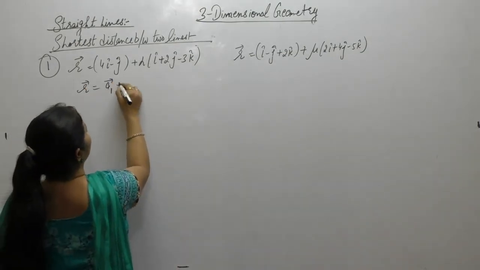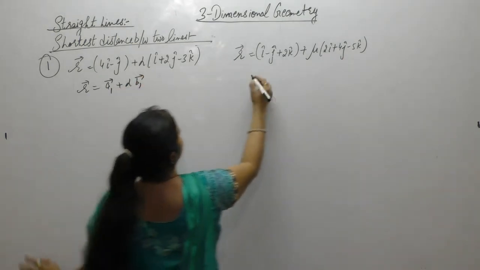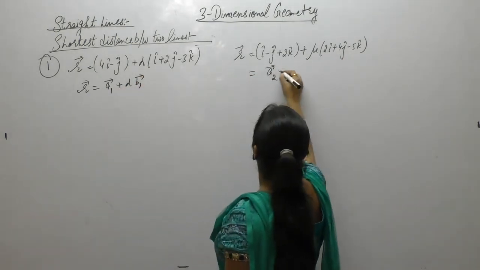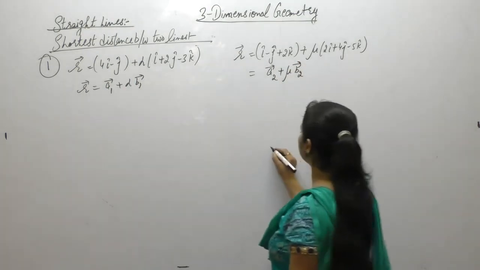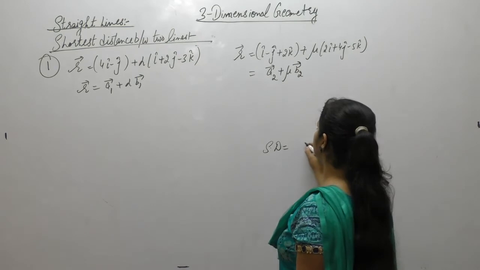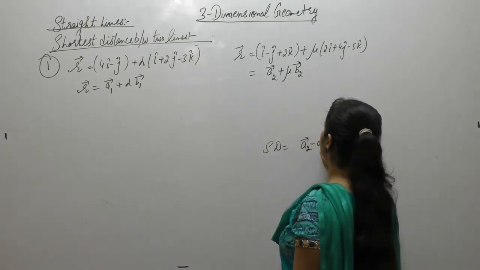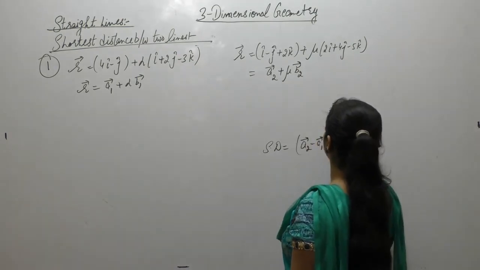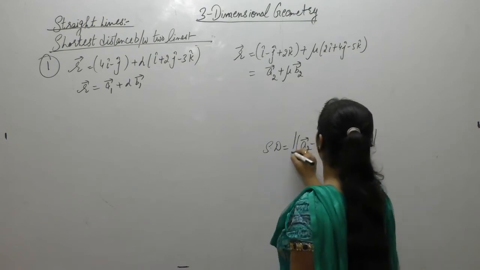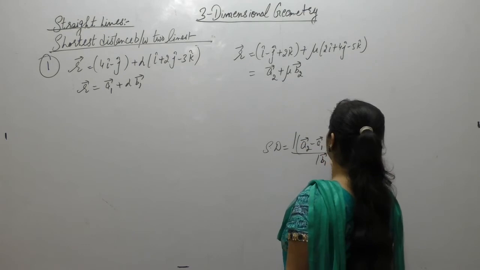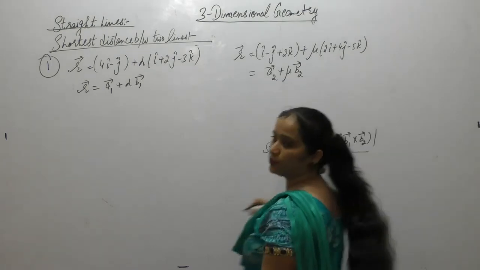Equation a1 vector plus lambda b1 is equal to a2 vector plus mu b2. Now we know the shortest distance between the lines is (a2 minus a1) dot product with (b1 cross b2) upon magnitude of b1 cross b2 vector.